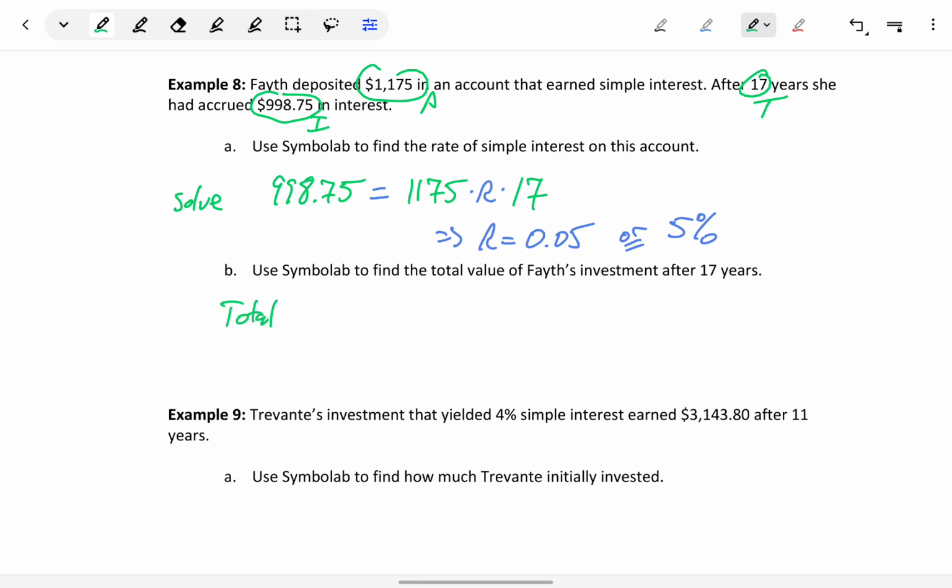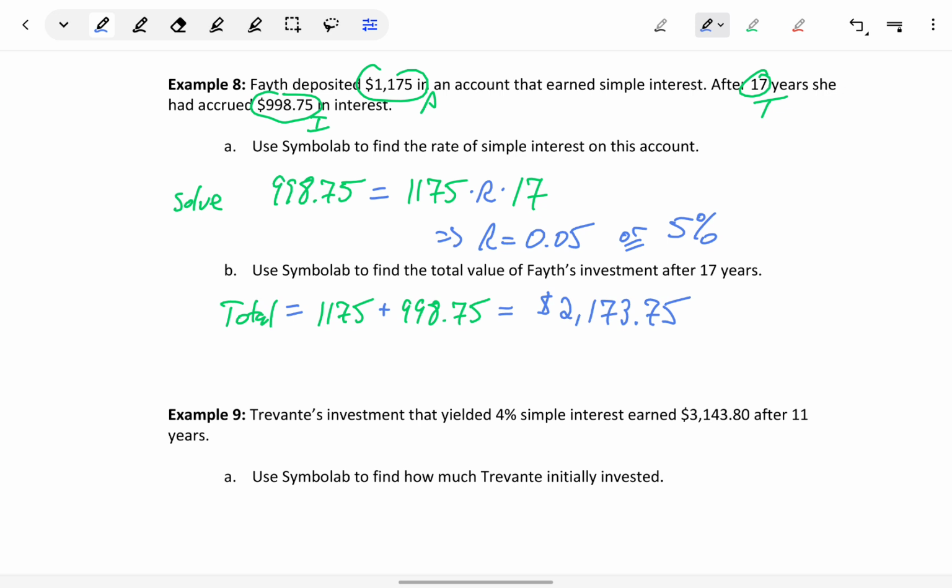The total is going to be equal to the principal invested, the $1,175, plus the amount that was accrued in interest, $998.75, and adding those together gives us the total value of the investment after 17 years is $2,173.75.